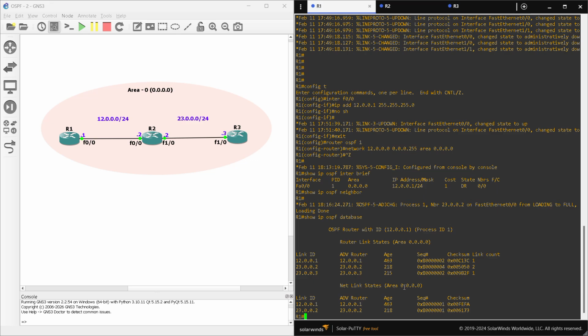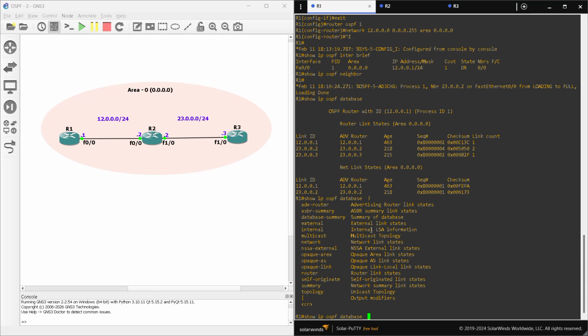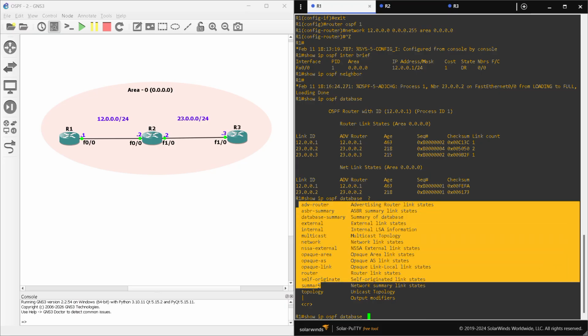And these are the information, as you can see. When we use the command show ip ospf database, it gives us the summarized information of our OSPF LSDB. If you want to see the detailed one, then use a question mark. We can go into these particular LSA types.